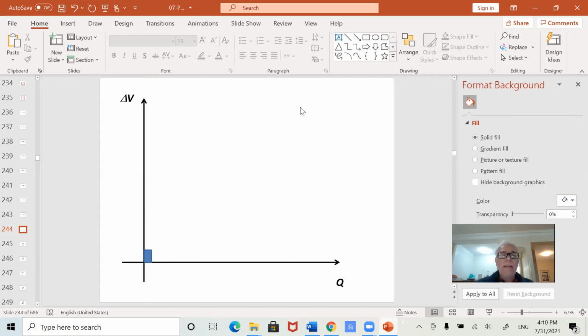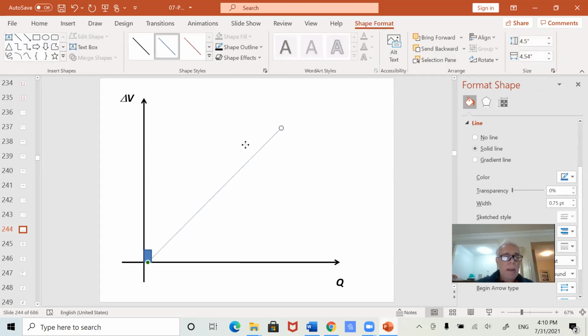We also know that there is a linear relationship between the electric potential and the electric charge, right? According to this, it's going to be a relationship like that.